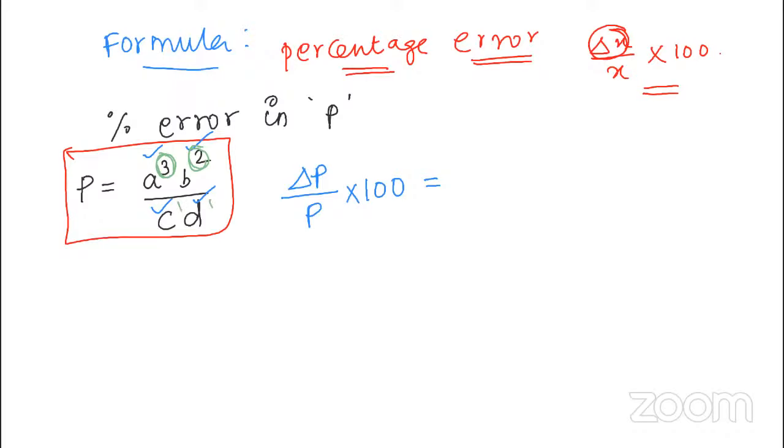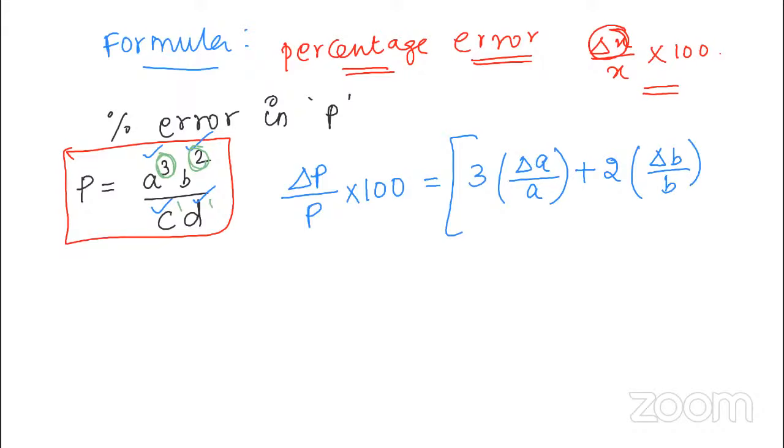A cube என்னவா convert ஆகும் அப்படின்னா 3 into delta a divide by a, plus B square என்னவா convert ஆகும் 2 into delta b divide by b, plus multiplication, division எந்த values இருந்தாலும் நம்ம errors add தான் பண்ண போறோம்னு சொல்லியிருக்கோம்.